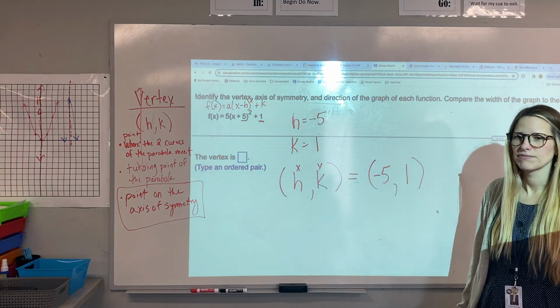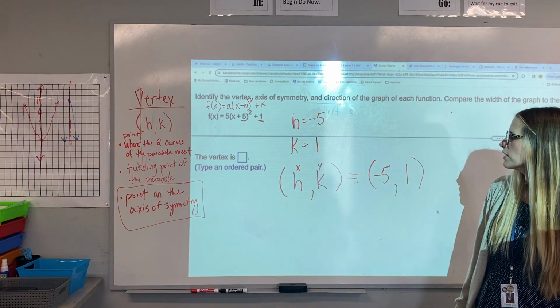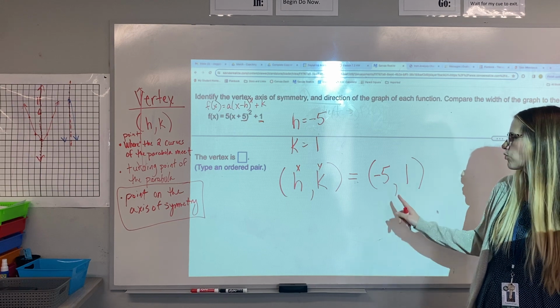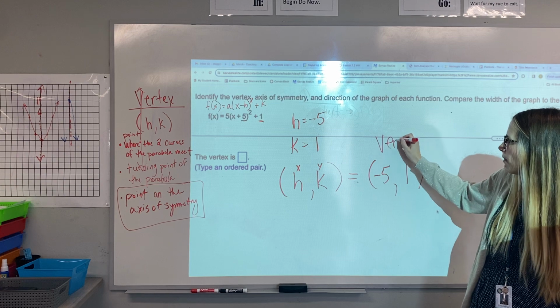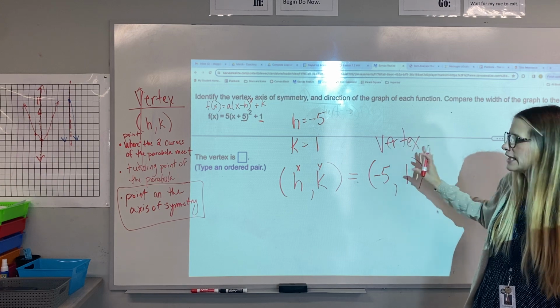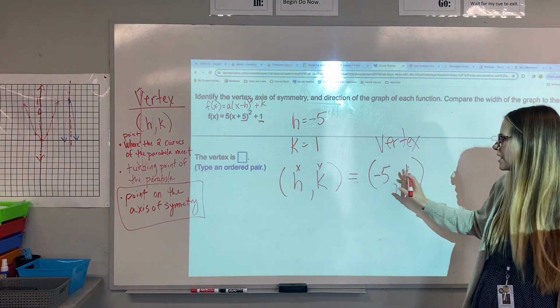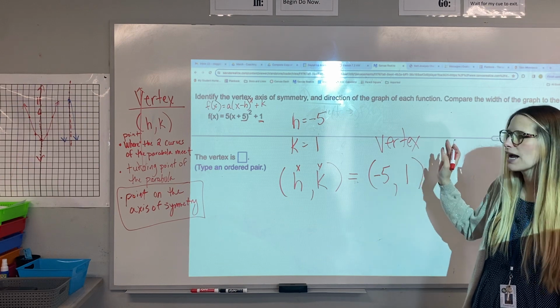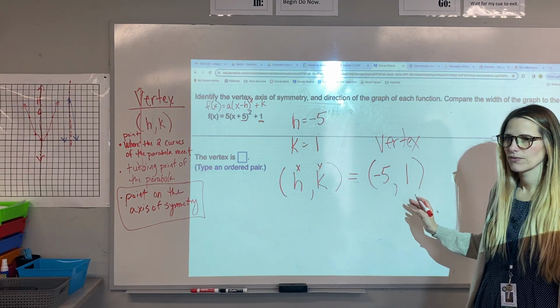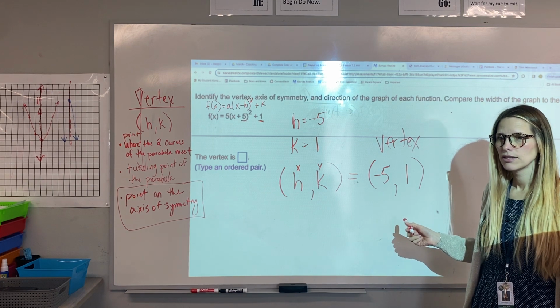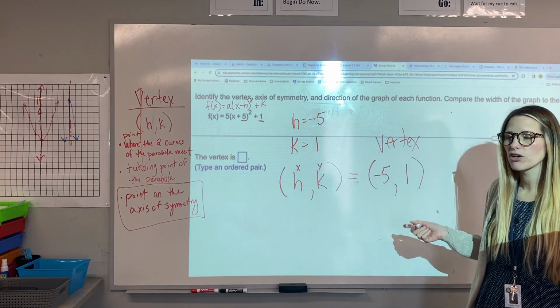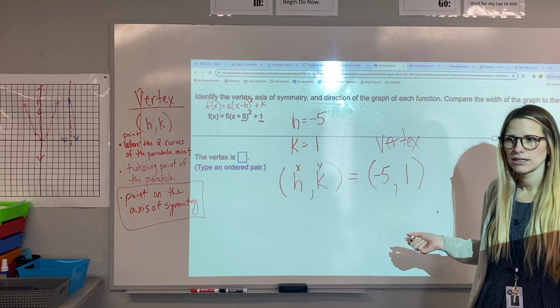Everybody's good? Okay. Now let's do the axis of symmetry. It's really important that I keep the coordinates of my vertex right here. I'm not going to erase it because this is going to help me find my axis of symmetry.